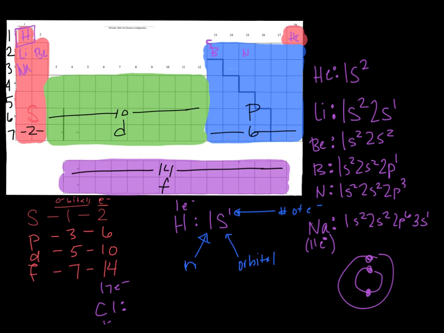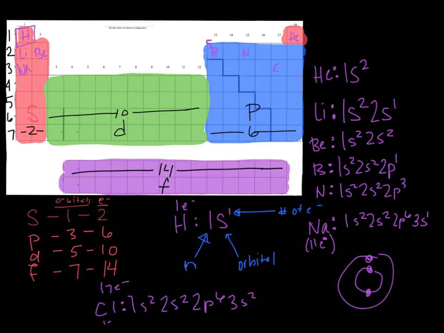And so if we start at the very beginning, we'll have 1s2, and then we would have 2s2, and then we would have 2p6, and next we would have 3s2, and then last we would have 3p, oops, 1, 2, 3, 4, 5, because chlorine is right here.